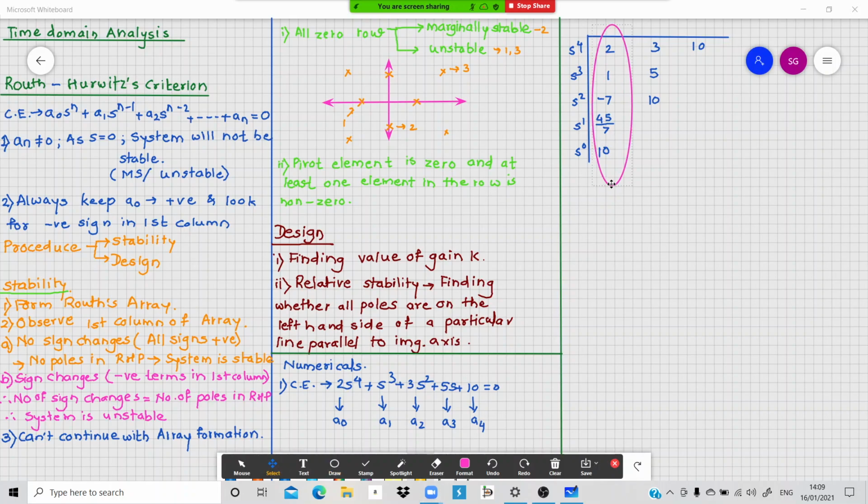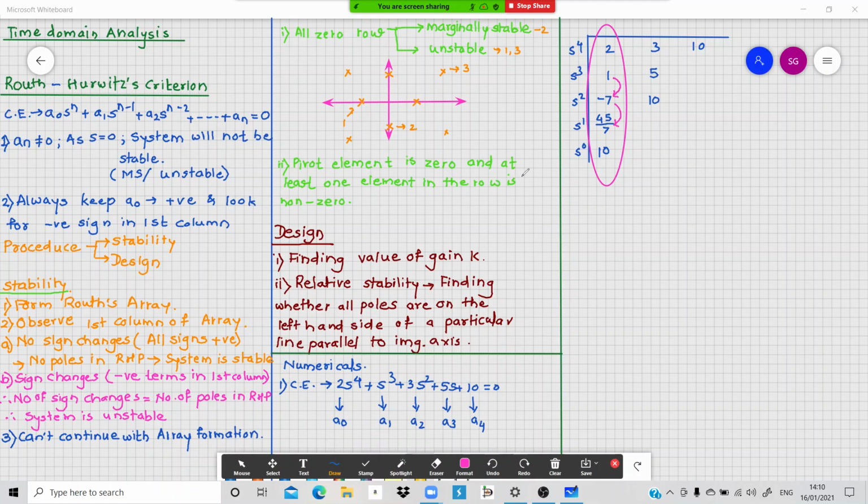Correct? And you have to see whether there is any sign change. Yes, a negative sign is there. That means positive, positive to negative, negative to positive, positive to positive. So that means two sign changes are there in this particular system.